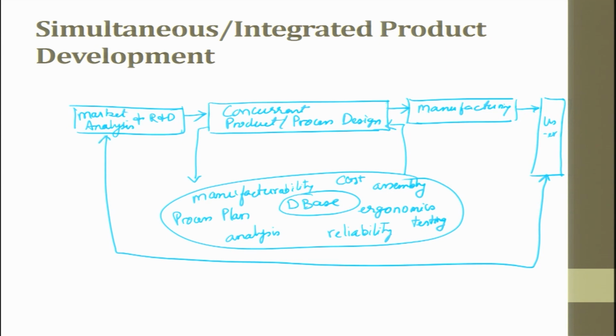So, this is more of a concurrent engineering approach rather than a sequential approach. It is called a simultaneous, integrated product development model as against the sequential model. So, this model moves faster towards reducing the product life cycle time.